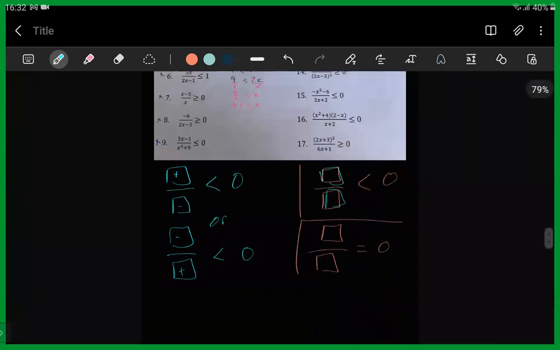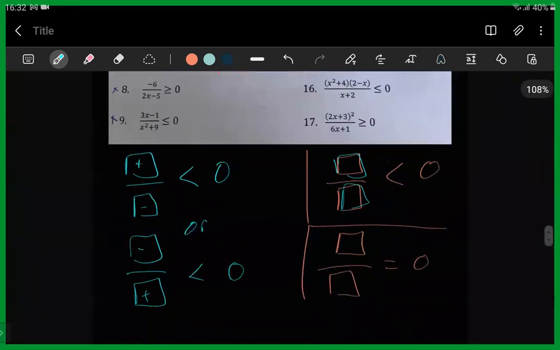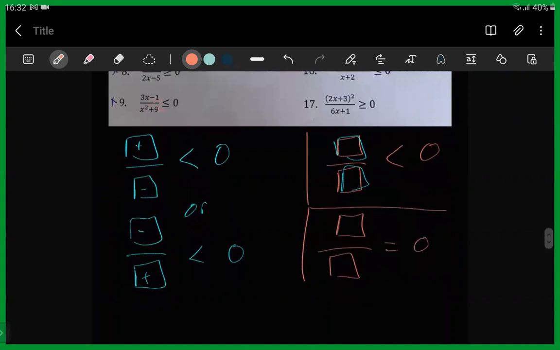Do you see that this is the only way this thing will be smaller than 0? So let's work out where the top is a positive value while the bottom is a negative.